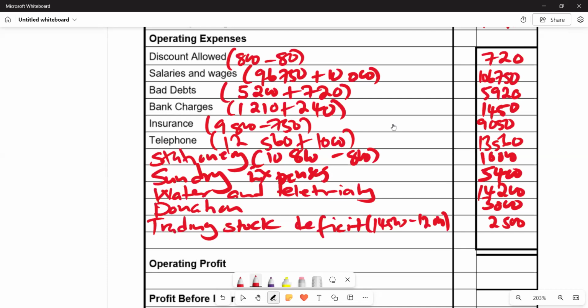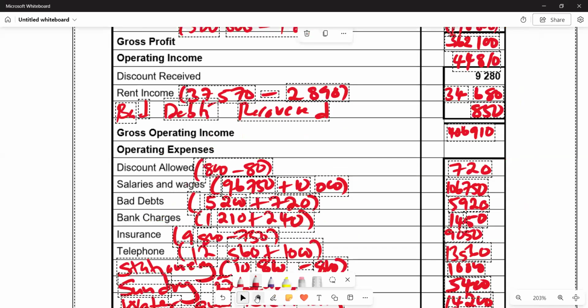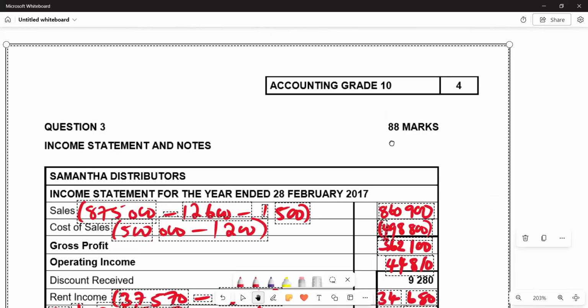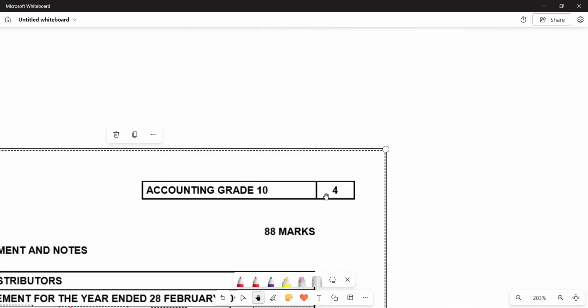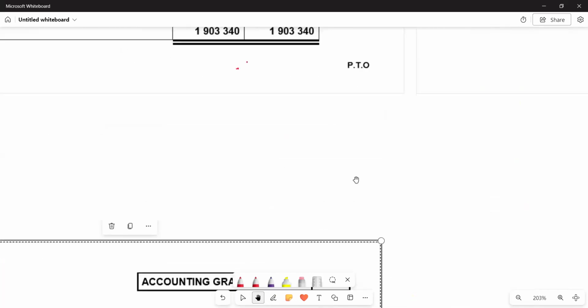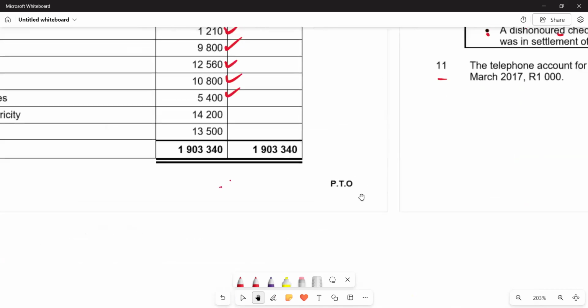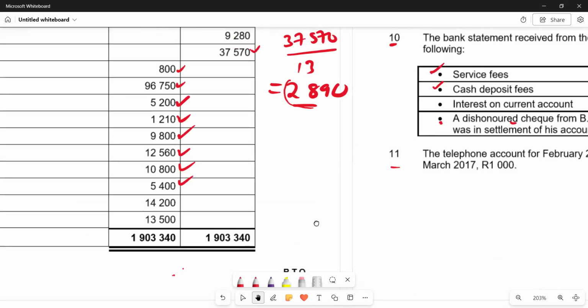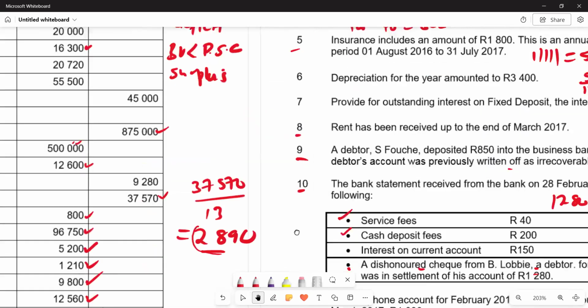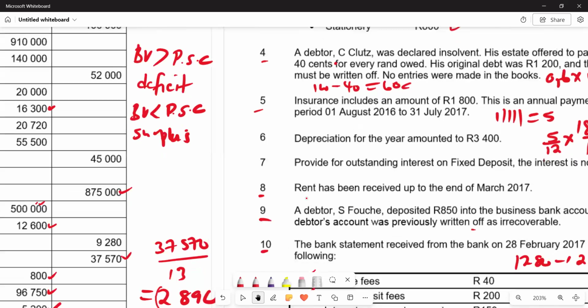Then the last item that we have, we can just go there and recheck. Obviously, we are left with the donation. Remember, we have got the donation figure that we regarded as expense. We did include that one. And then now we are left with the depreciation.